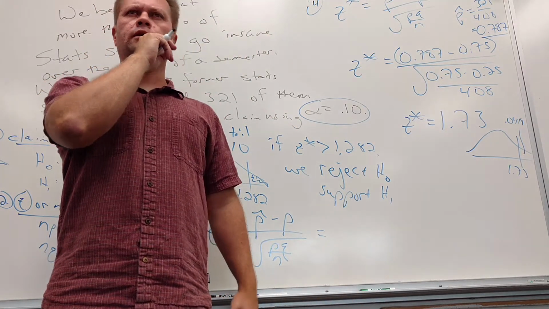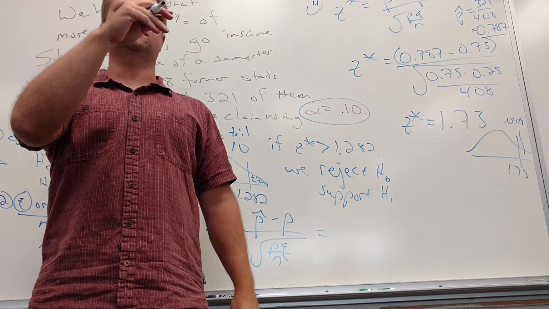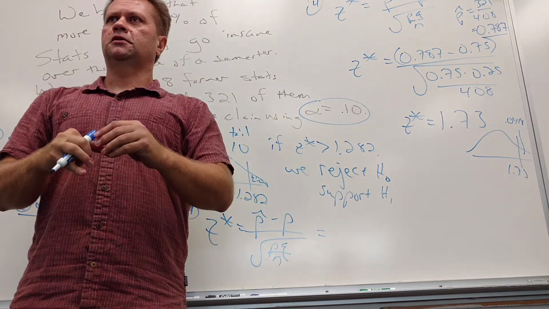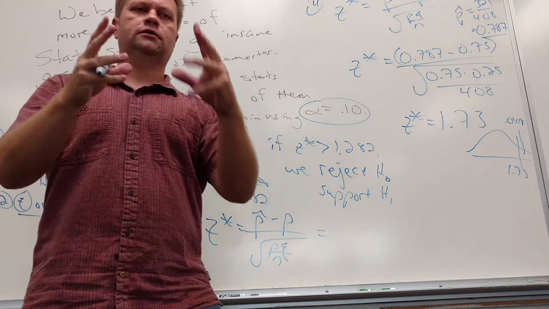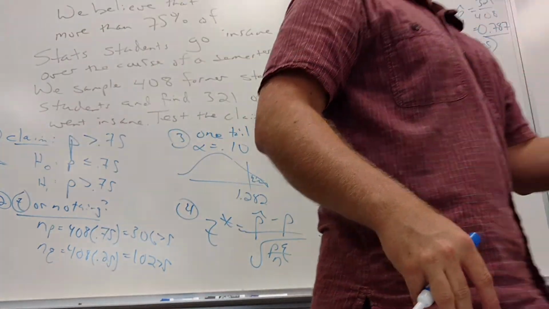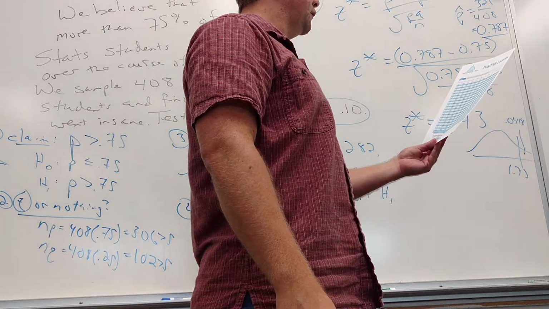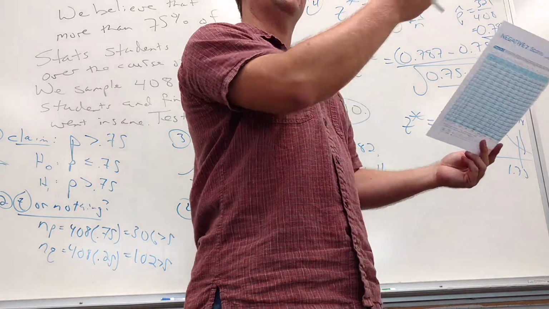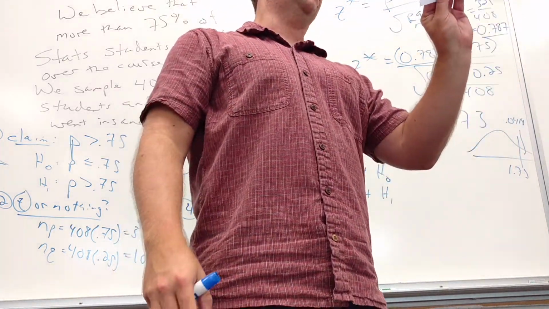I don't hear anything else. Everybody says that sounds good. How did he find that? It's magic. Yeah, just look at the z-score chart, right? 1.73, you get 0.9582. 1 minus that. Or you do the shortcut if you know the shortcut.